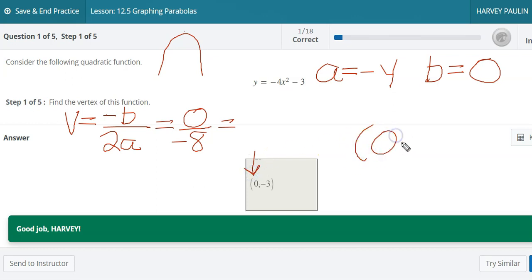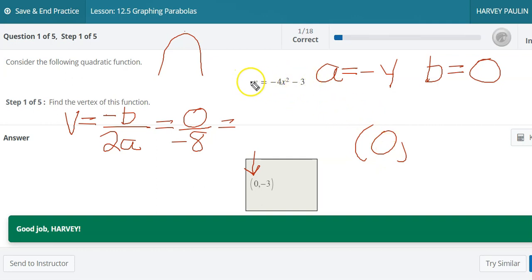Put that over here. Now, what is our y value going to be when x is 0? Well, x squared times negative 4, x squared is 0. 0 times negative 4 is 0.